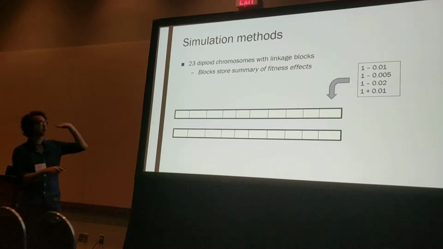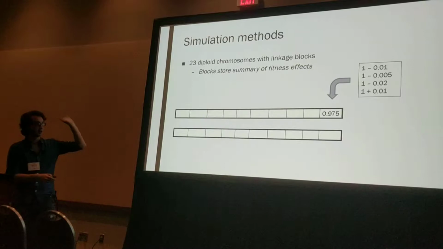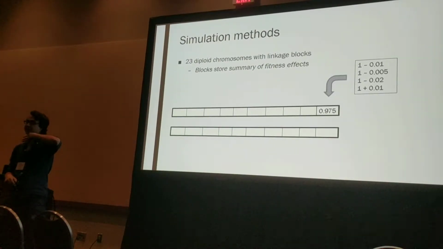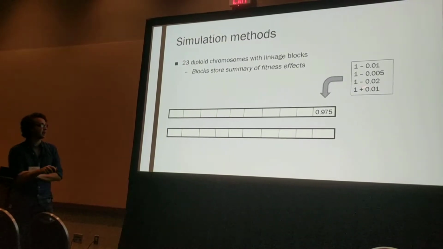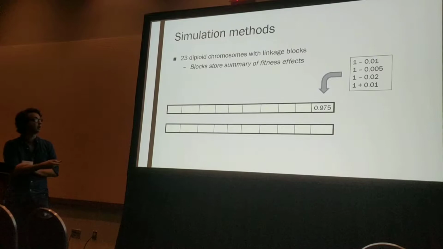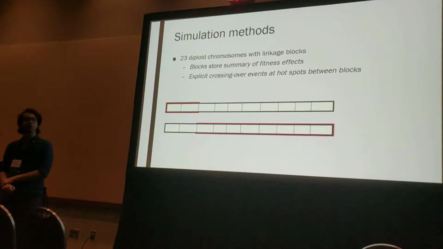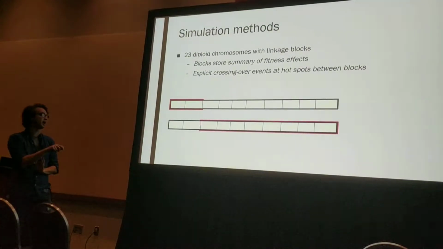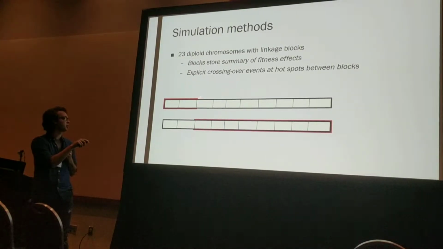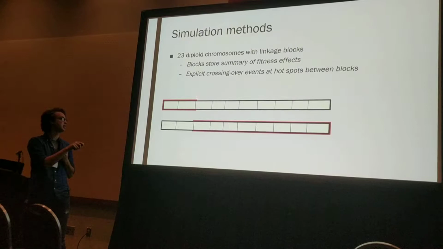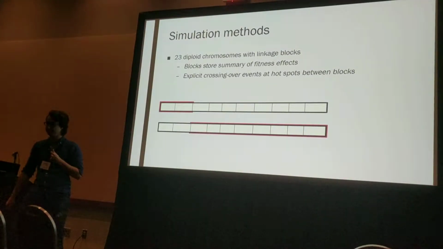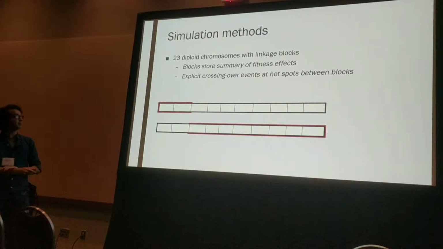So we're just going to multiply them all together. I don't expect you to check my math on this, but that's what all those things multiplied together gives you. And then we're just going to pass on this whole long chunk of the chromosome. I model explicit crossing over events at the hot spots between the linkage blocks. So, for example, if a crossing over event happens here, you'll pass on this chunk of this chromosome and this chunk of that chromosome to your offspring.